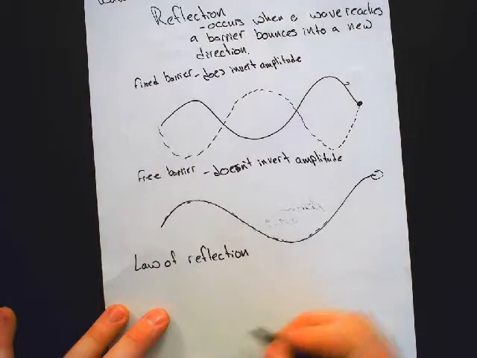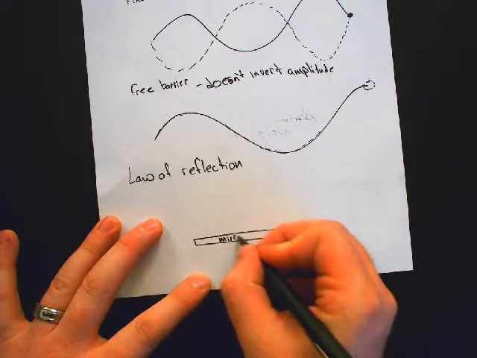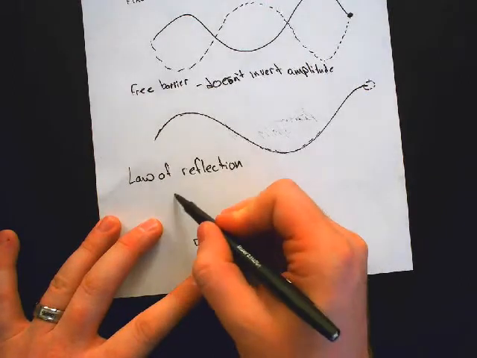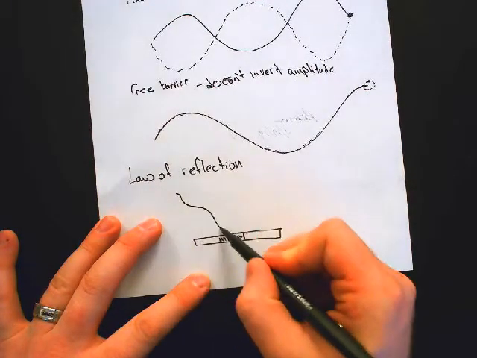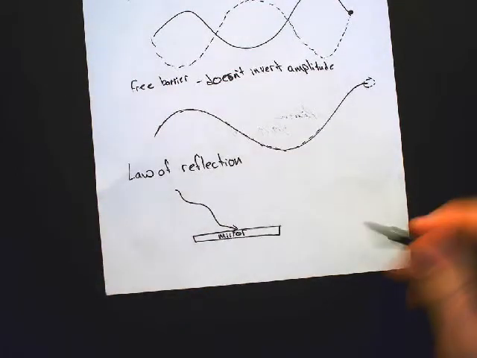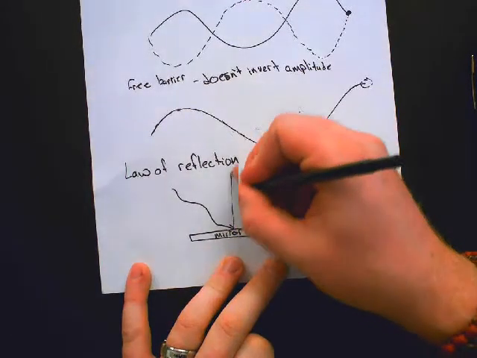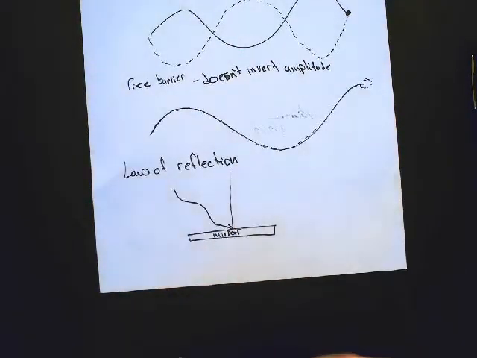So, for example, if we're talking about light, and I've got a mirror here, and I have a light wave that's inbound, I can measure the angle of incidence that this light strikes with compared to a normal line. Normal line, of course, being a line that is perpendicular to the plane of the mirror.